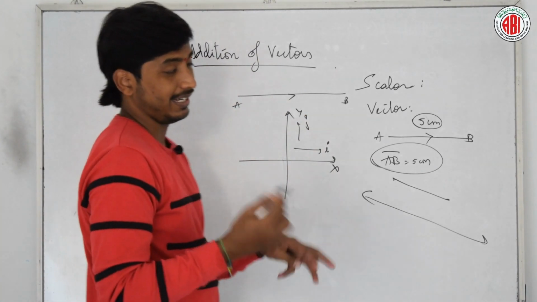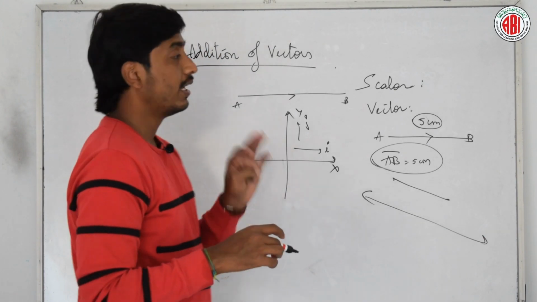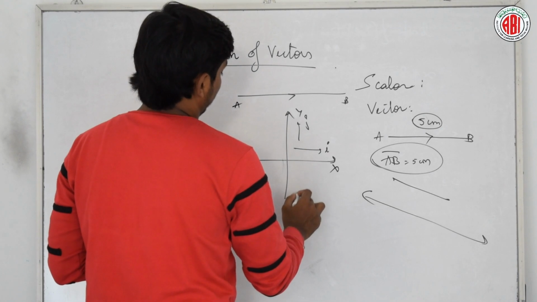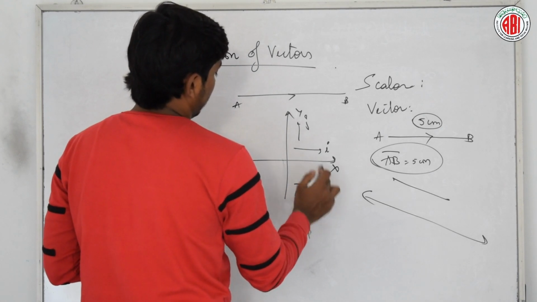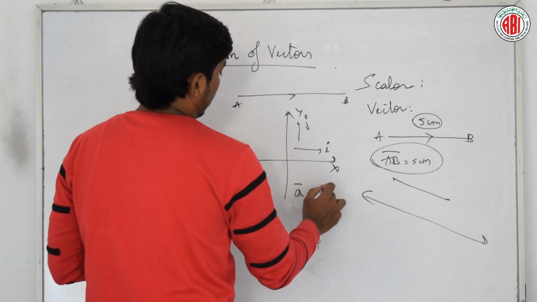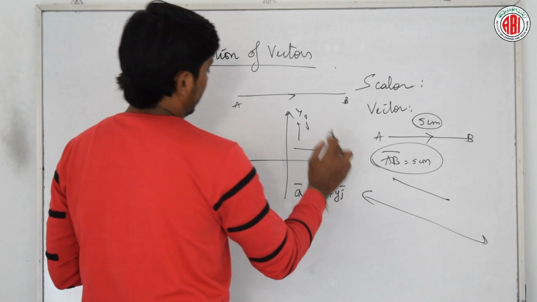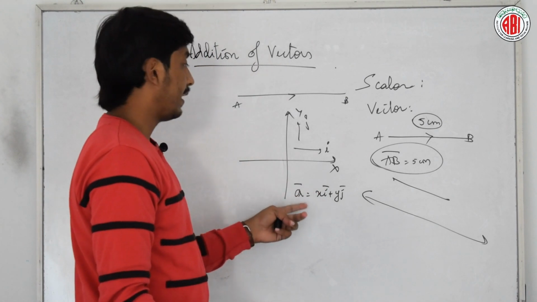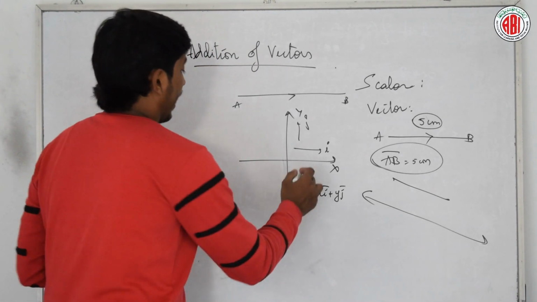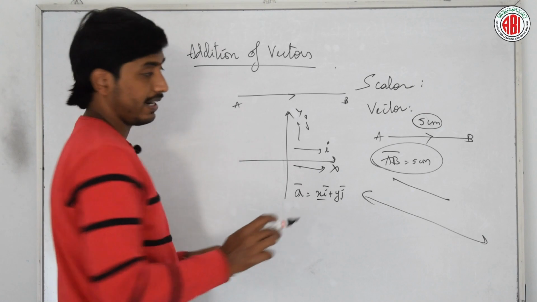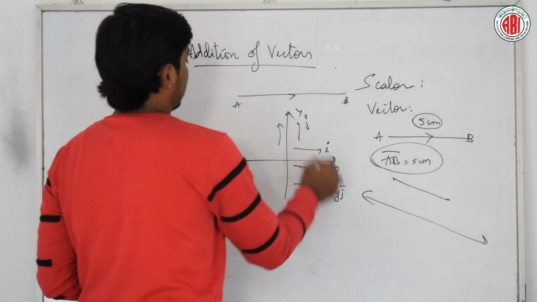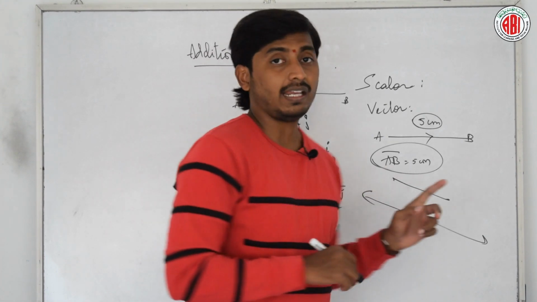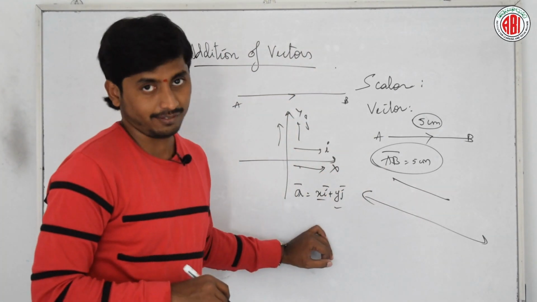We will discuss what unit vectors are again. But as a standard, our vector is always represented as xi plus yj bar. It clearly tells that it is a plane. Along the x-axis it is at a distance of x, along the y-axis it is at a distance of y. This is a vector.